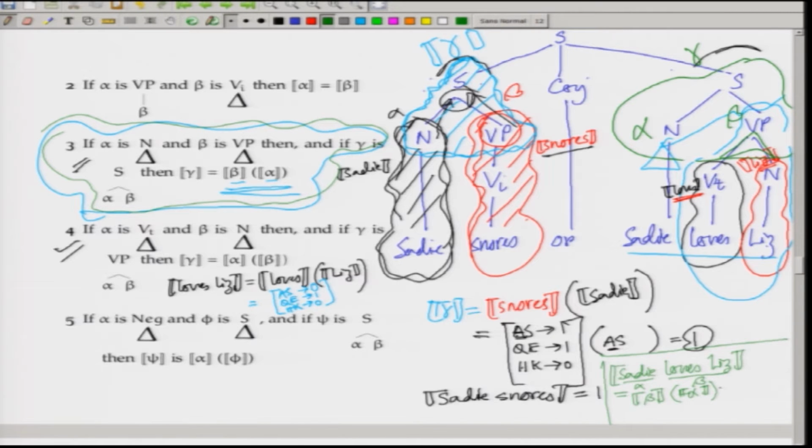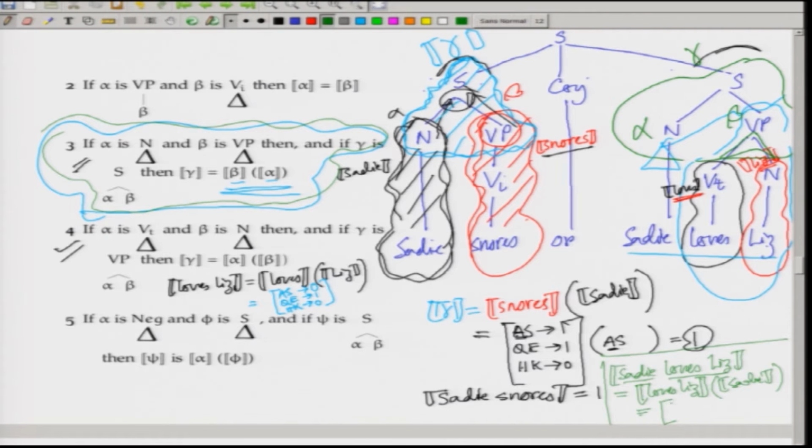So, loves Liz is beta and alpha is Sadie. Loves Liz will now take the denotation of Sadie, right, and loves Liz is actually this function.